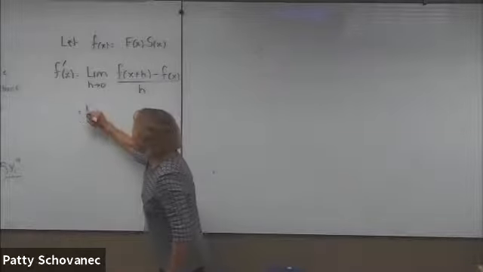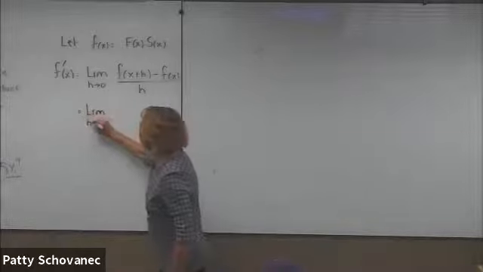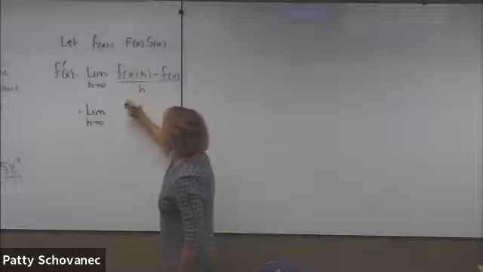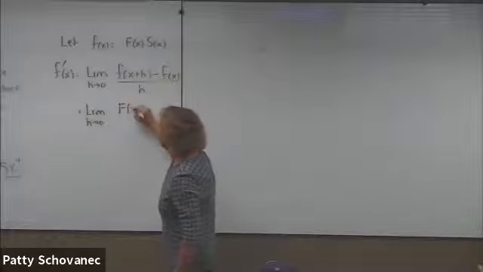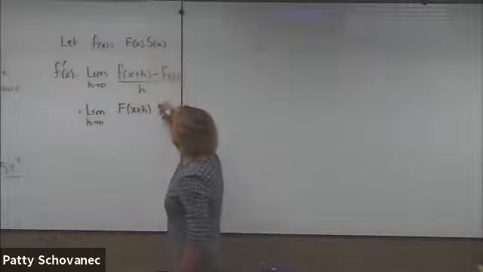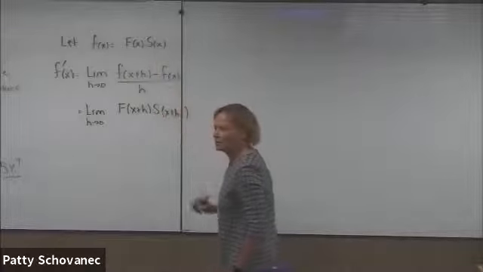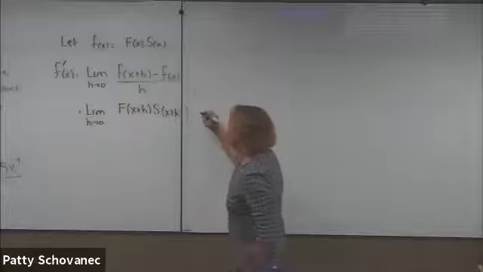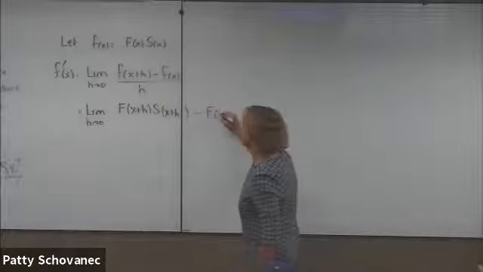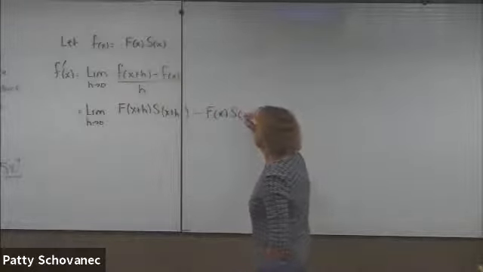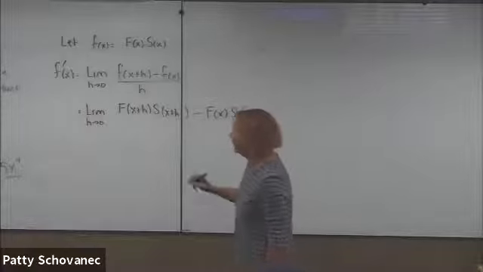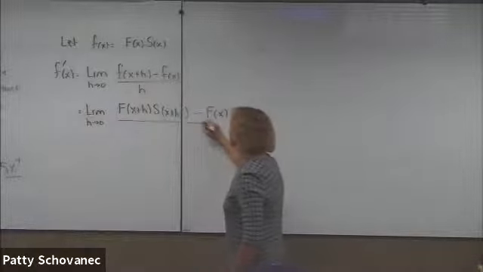So in our problem, I need the capital F evaluated at x plus h multiplied with the capital S at x plus h. Then I need to subtract that off as I see it. And then I need to divide that by h.